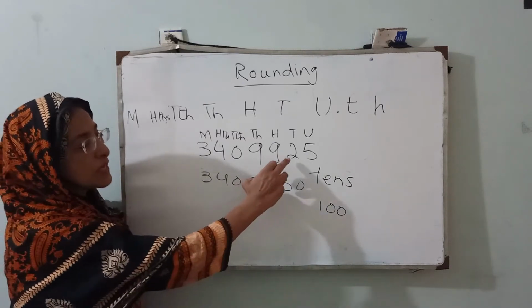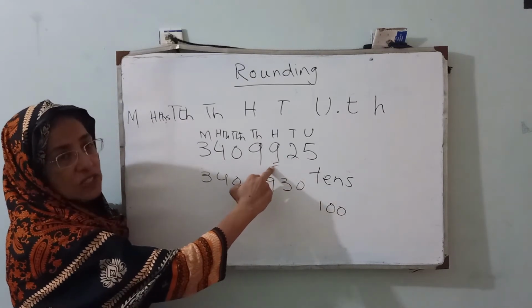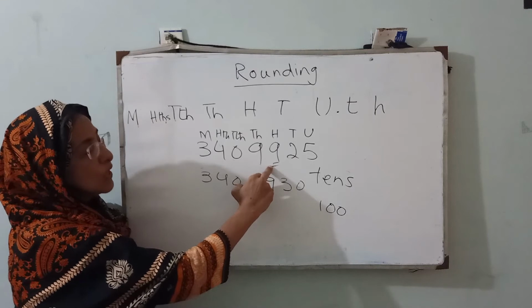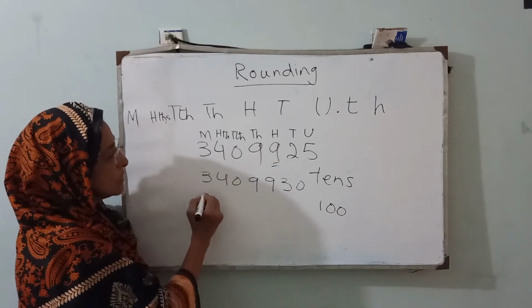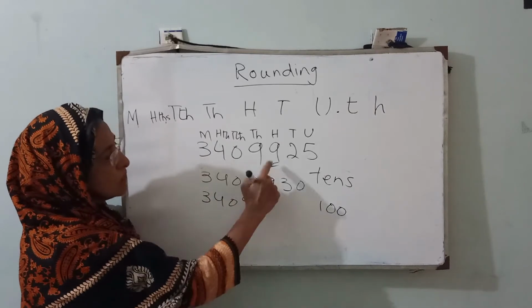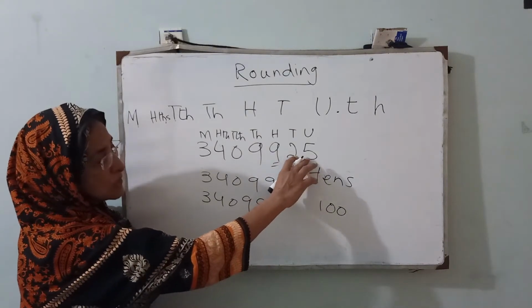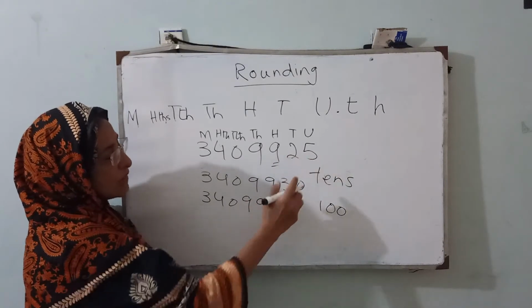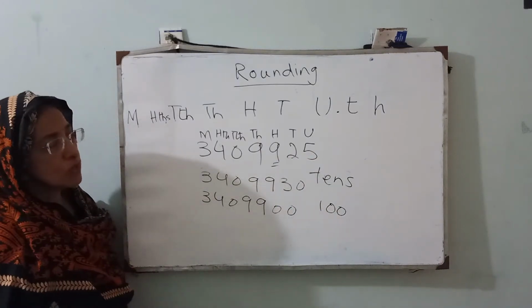So when a number is less than 5, it is not going to make any change in the given value, and this 9 is going to come as it is, and my answer will be 34,009. 9 will remain as it is, and since I have to complete the number till units, how many digits are there after 9? There are 2 digits, so I am going to put 2 zeros.